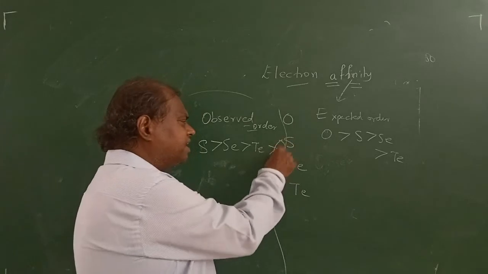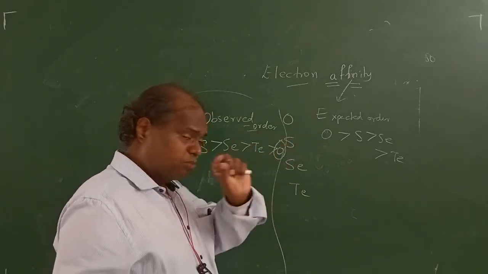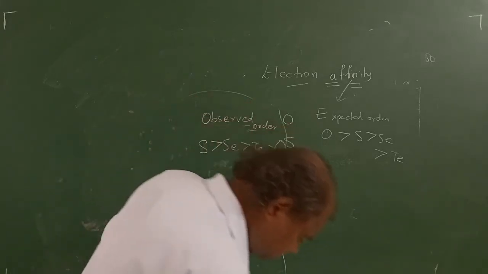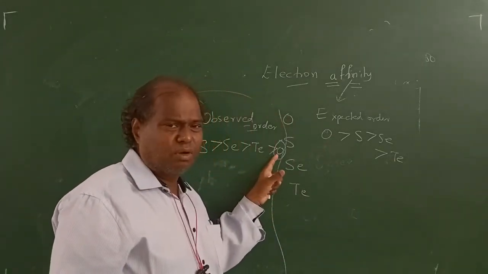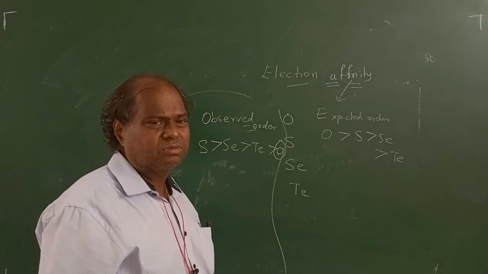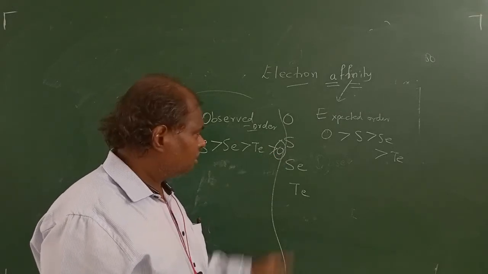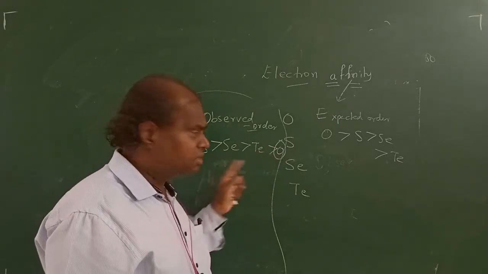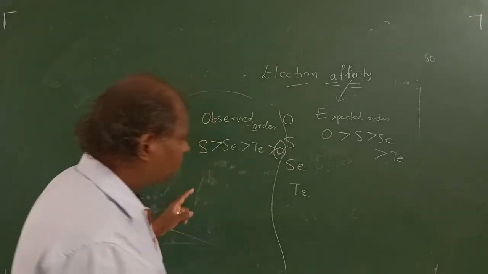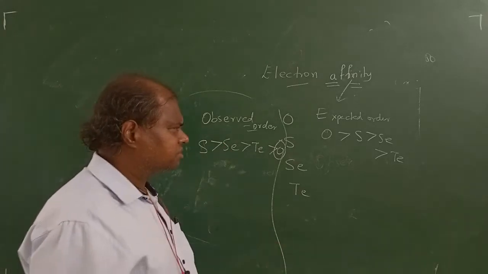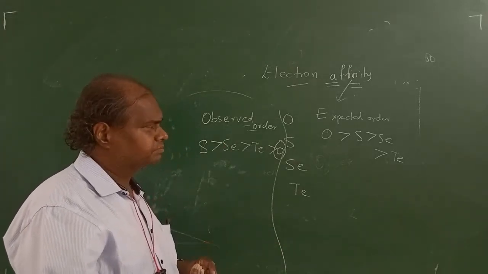Why does oxygen have very little? Thanks to the small size. Oxygen has a very, very small size, extremely small, so it is difficult to add electrons. Though it will complete the octet, oxygen's size is very small. Please remember this order, very important: sulfur, selenium, tellurium, and then oxygen.